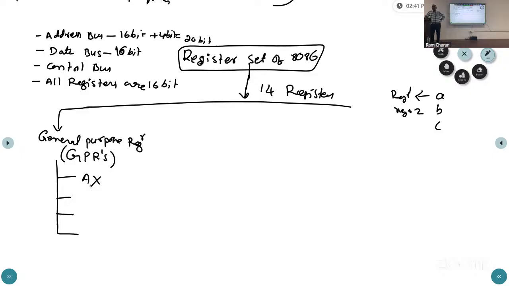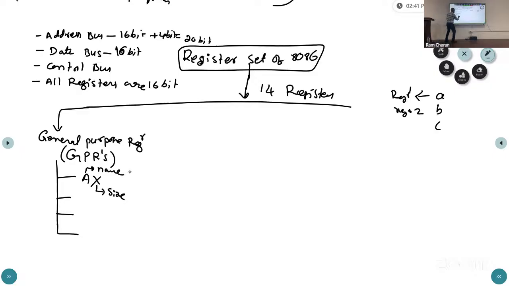In AX, the first letter indicates the name and the second letter indicates the size. So in the general purpose registers, X is the size. AX is the name and X is the size.